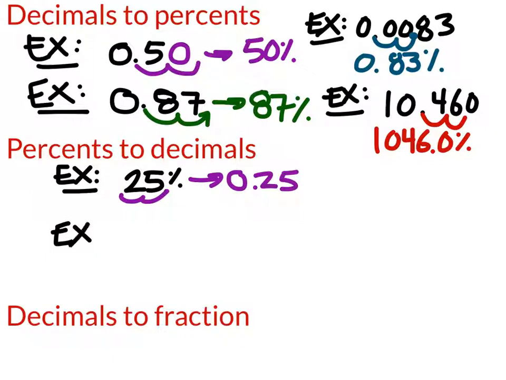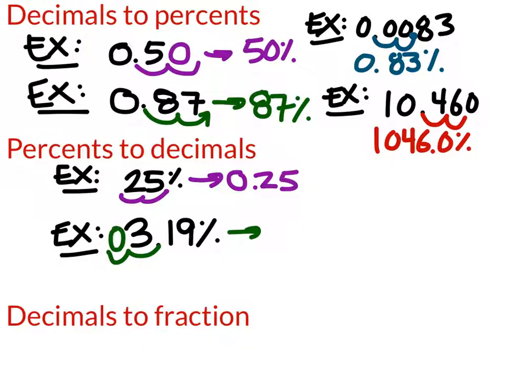Well, what if the percent looked something very different, something like 3.19%. Well, still, we're going to move that decimal to the left, 1, 2 spaces. Any empty spaces we'll fill in with zeros. So this is 0.0319. All right, one more example here.